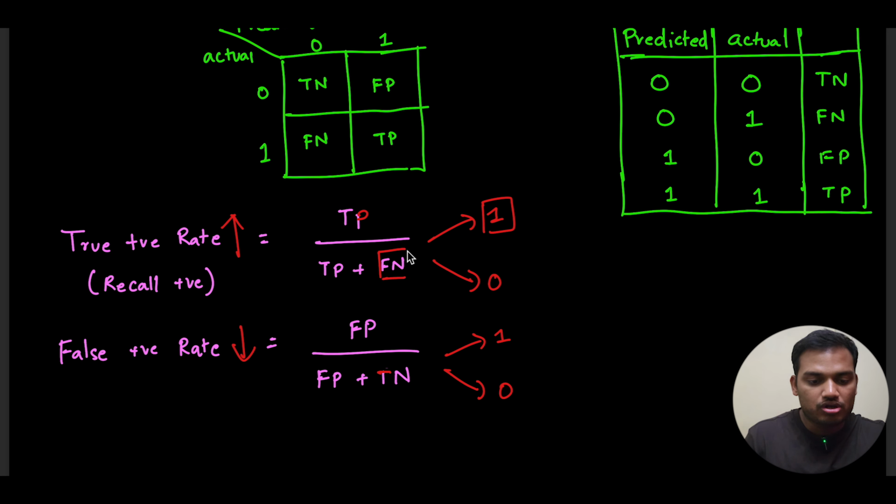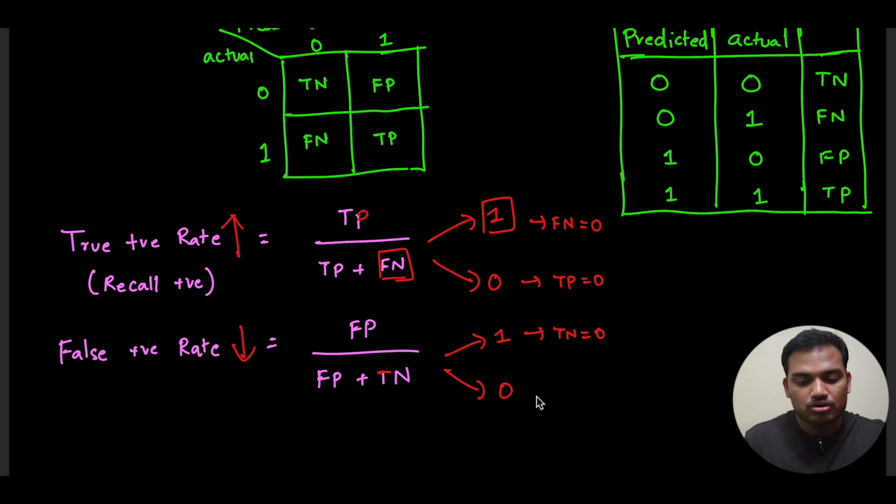If false negative is 0, then obviously these two will be equal and true positive rate will go to 1, right? And similarly, in this equation, it can go to 1 when true negative is 0. And it can go to 0 when true positive is 0.